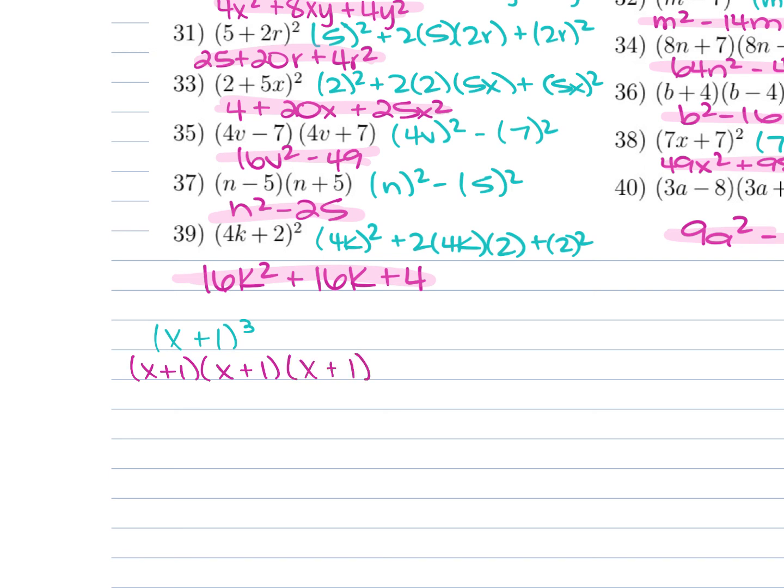If you multiply 2 of those binomials together, this is going to give you x plus 1 times x squared plus 2x plus 1. You can either FOIL it or you can use the special product rule, because you have a binomial squared, because technically it's the same thing as x plus 1 times x plus 1 raised to the second power.